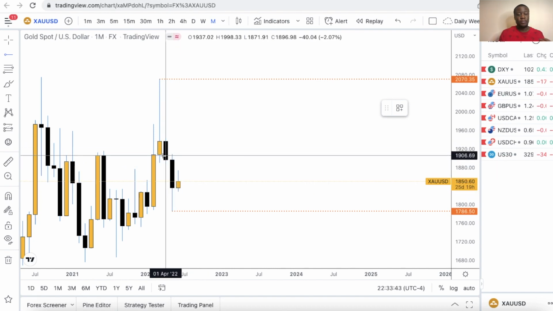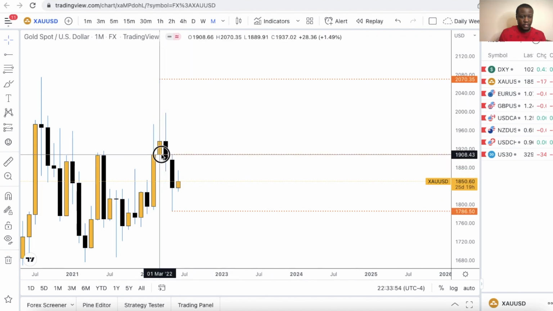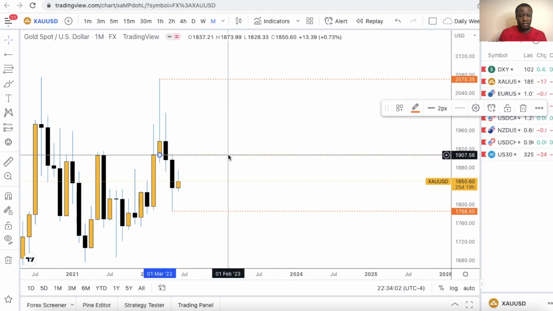And at some point, the market is going to want to return to that return candle. So we can simply mark that off, and we put it at the open of the candle. So the open will be 1908.66.